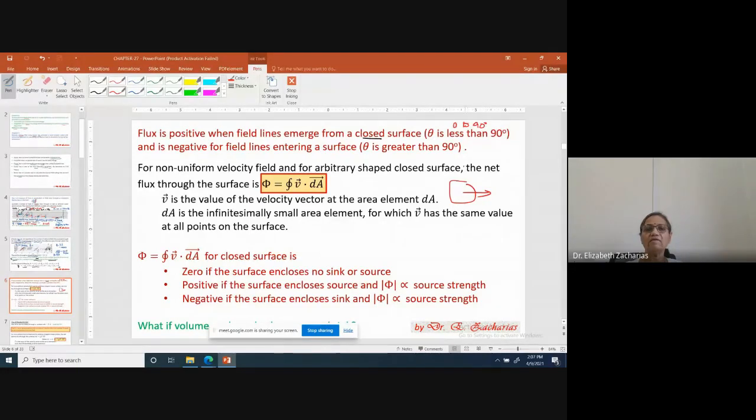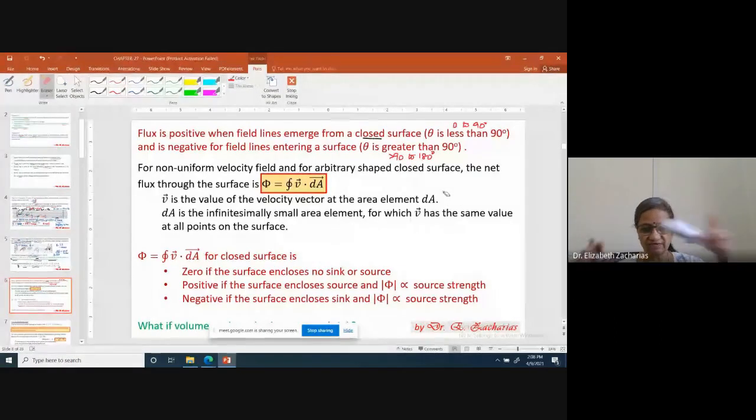On the other hand, whenever field lines are entering into a closed surface, then theta will be between 90 to 180 degrees, greater than 90 to 180 degrees. In these cases, flux will be negative. Okay? And I hope you understood the concept of positive and negative flux.